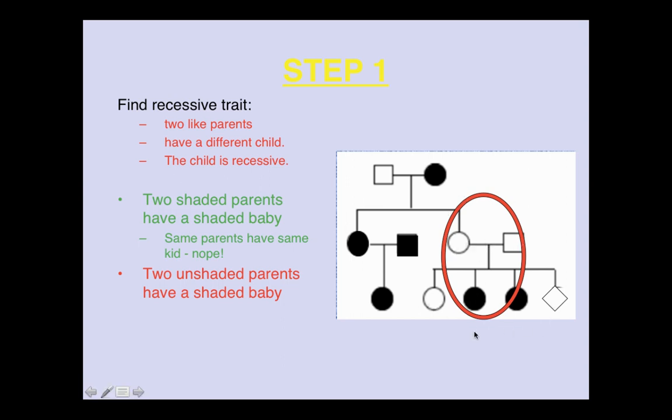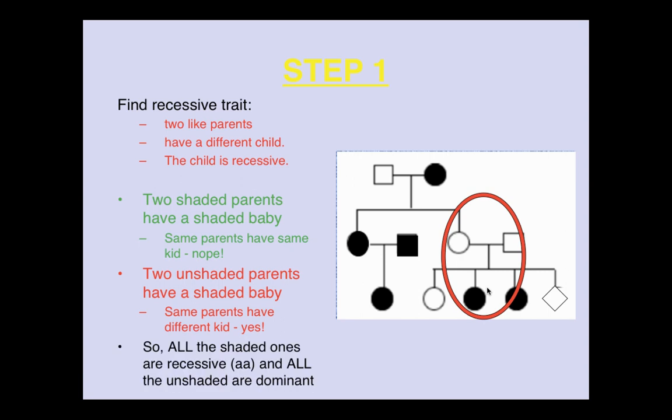They have unshaded babies too. Doesn't matter. If they have a shaded baby, that's what matters. So the same parents have a different kid, yes. And so all the shaded ones have to be recessive, little a, little a. And all the unshaded ones are dominant.